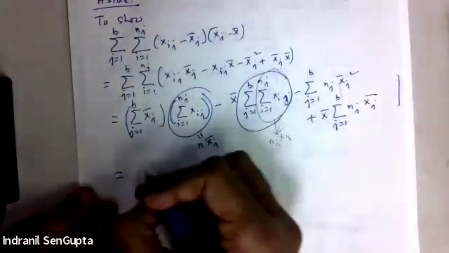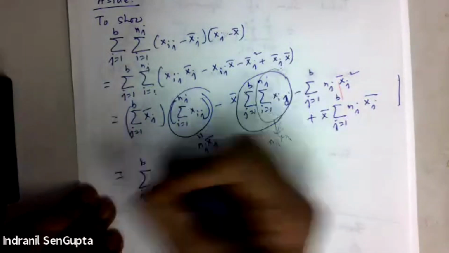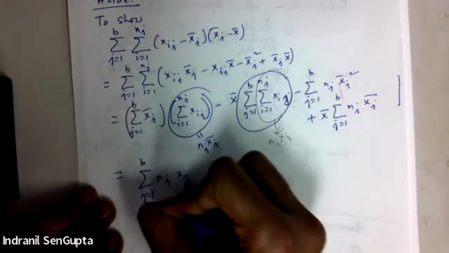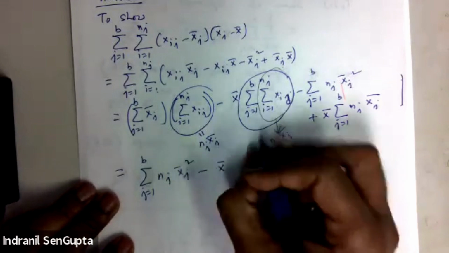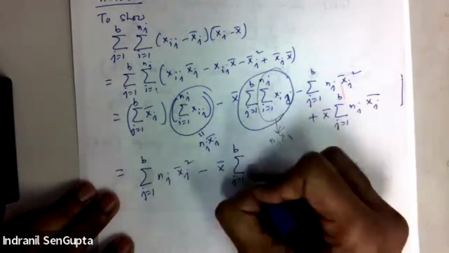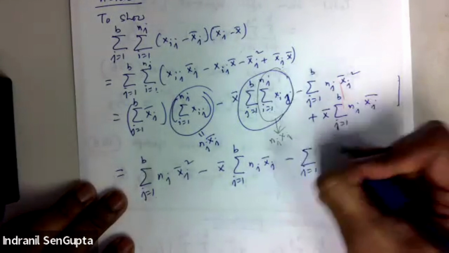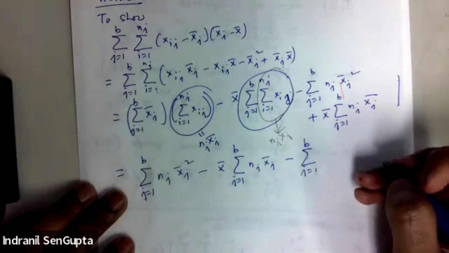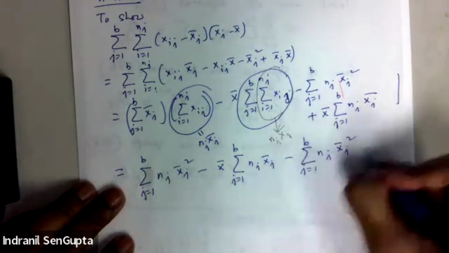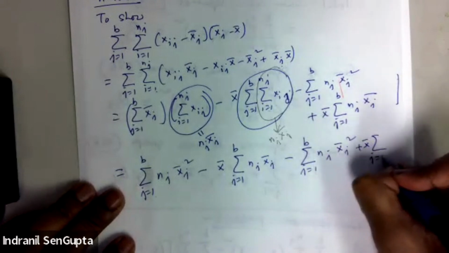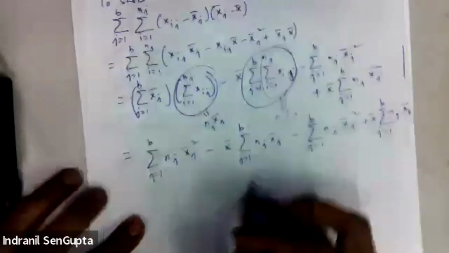So this is really nj. So it's j from 1 to b of n sub j xj bar squared, minus x bar summation j from 1 to b nj xj bar, minus j from 1 to b nj xj bar squared, plus x bar summation j from 1 to b nj xj bar. And you see that all these terms are canceling, so it's 0.